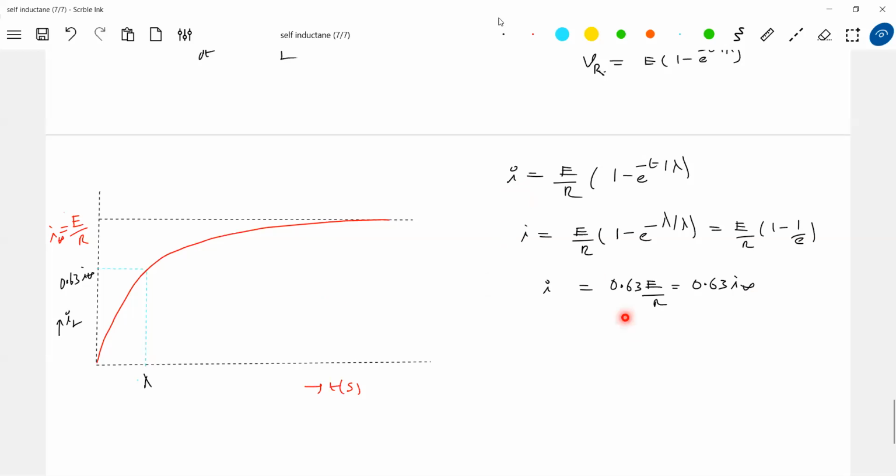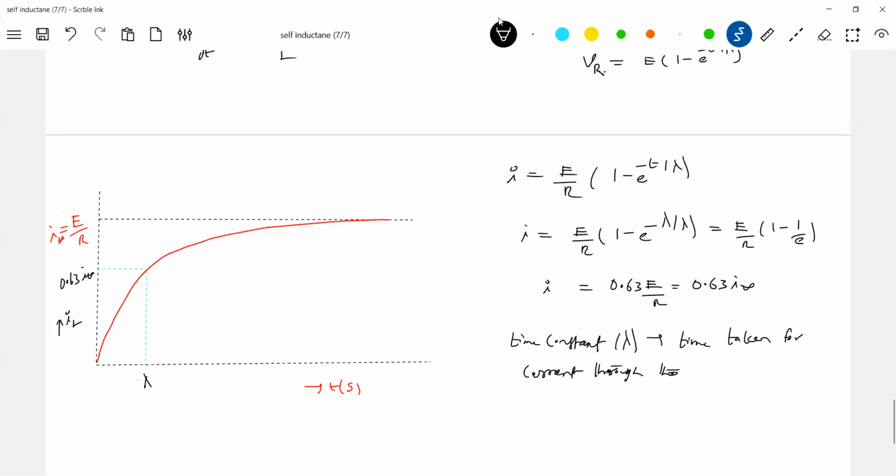And we define the time constant as the time taken for the current. So how do you define the time constant? Time taken for the current through the coil to become 63% of the final value.